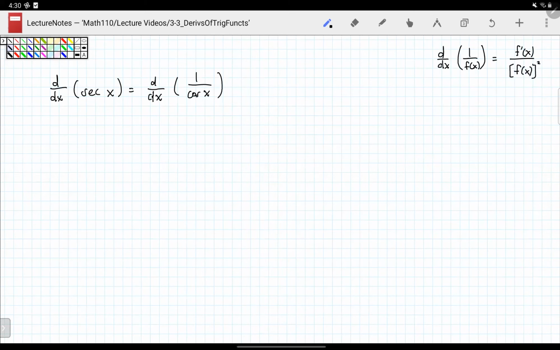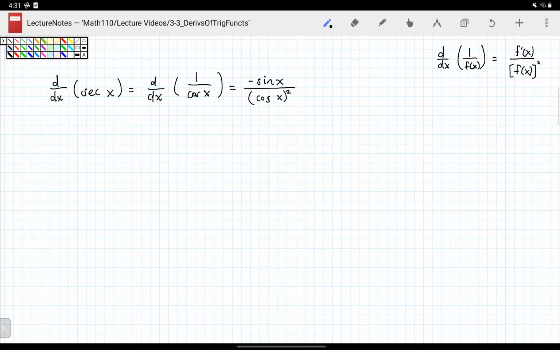I'm just going to use this fact, but like I said, this relies on either the chain rule, seeing this as a composition of the original function f with the reciprocal function, or the quotient rule, seeing this as the quotient of 1 and my function f. Okay, regardless, I take the derivative of cosine, which is negative sine of x, and divide by cosine of x squared.